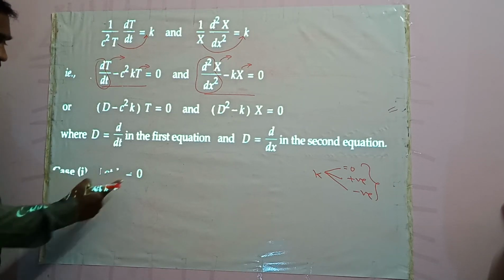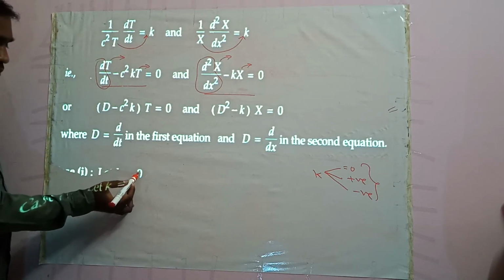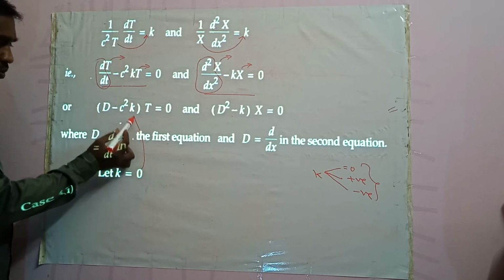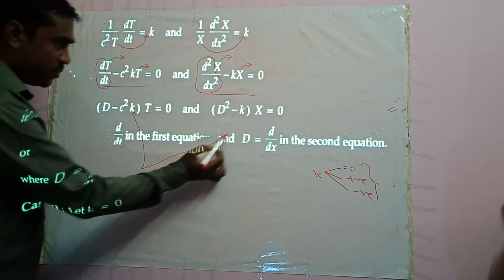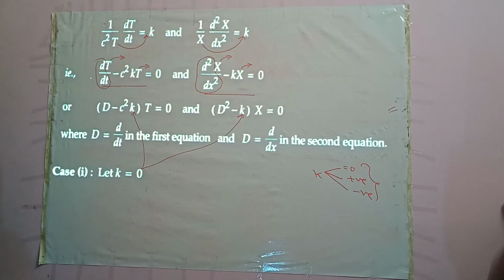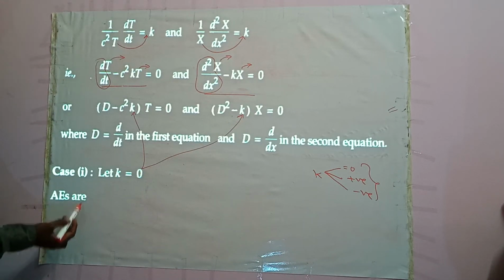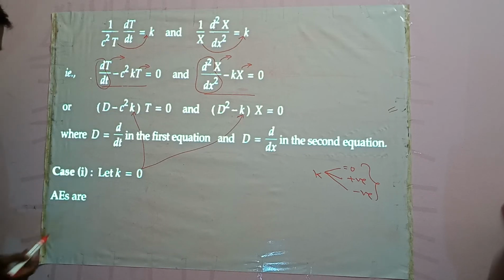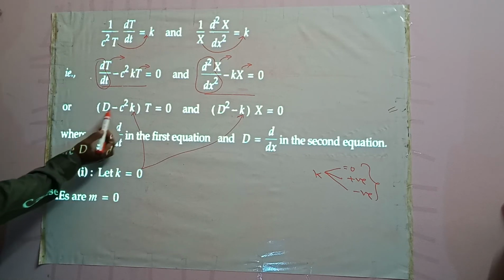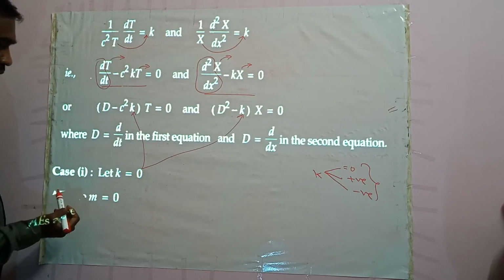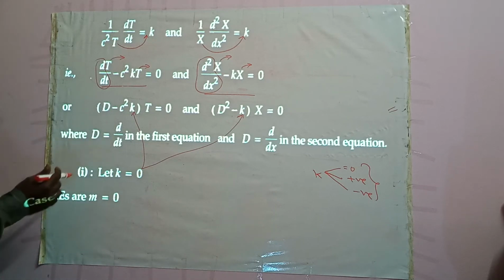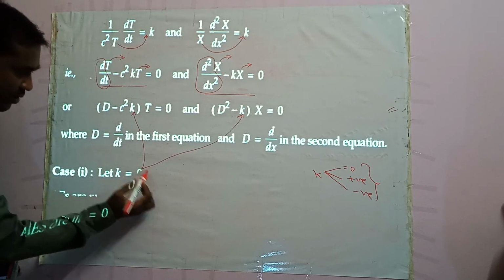First case, let us take k = 0. If we take k = 0 here, what do we get first?